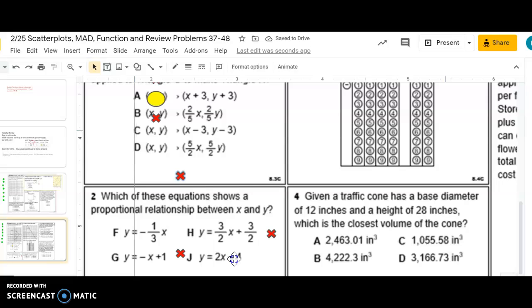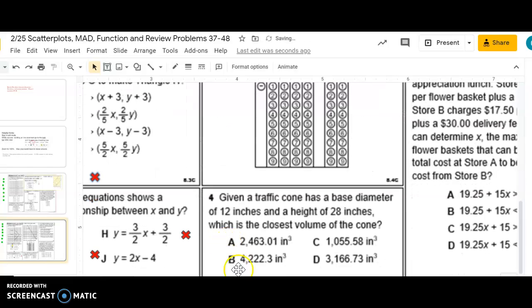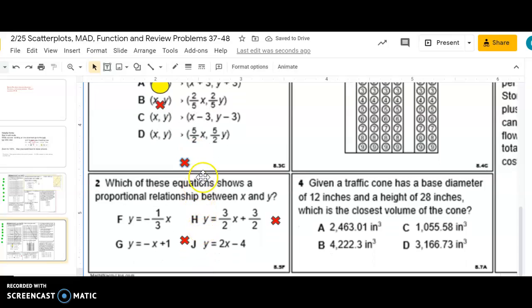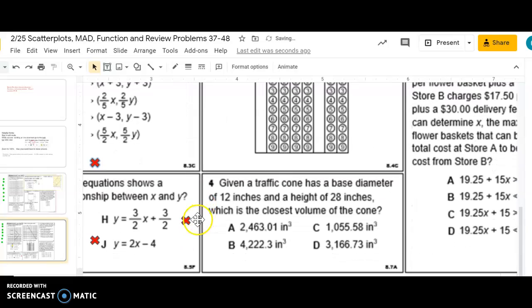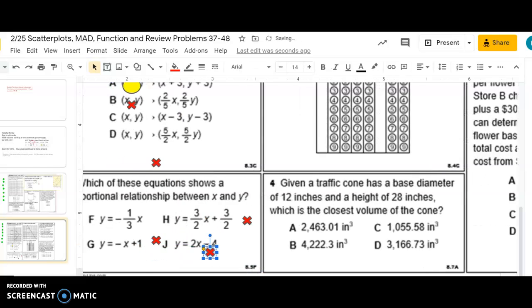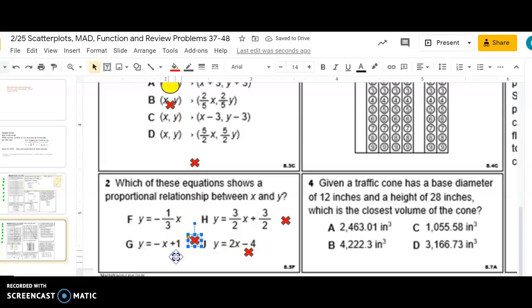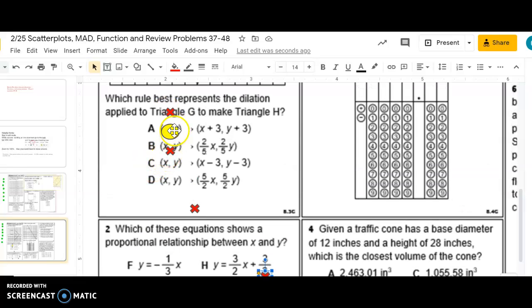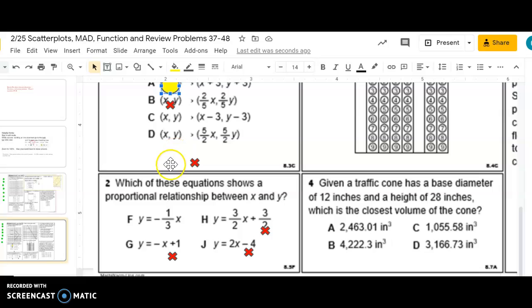And that y-intercept of -4 knocks that one out. So I knocked them all out because of the y-intercepts, and the only one that has a y-intercept of 0 is F. Okay, so that's a definition problem.